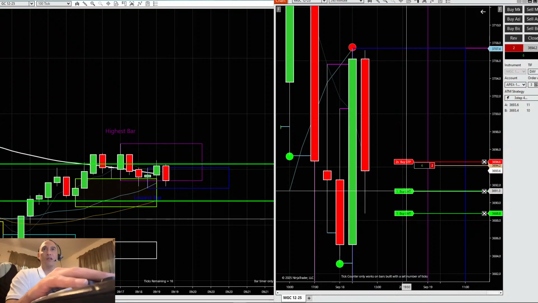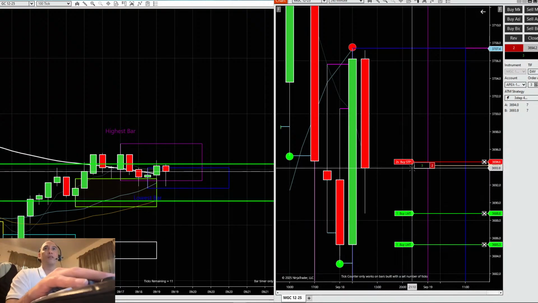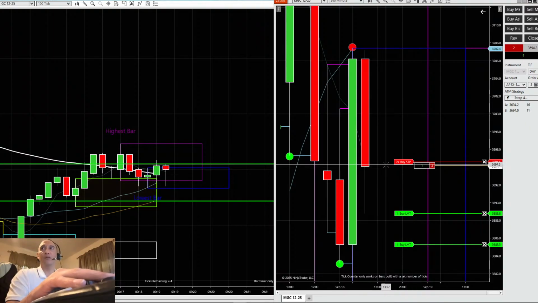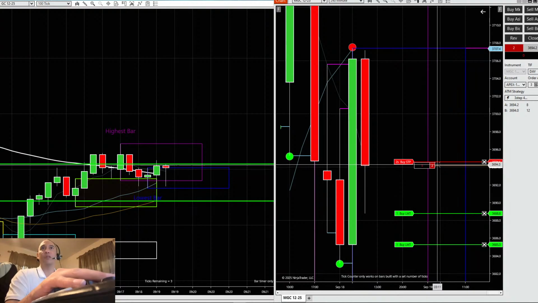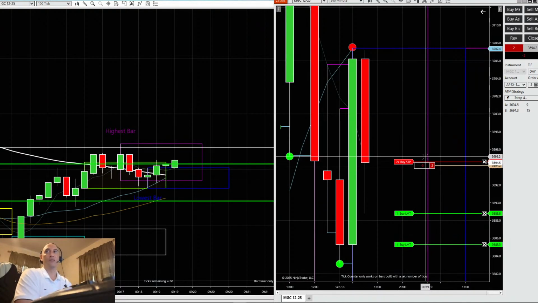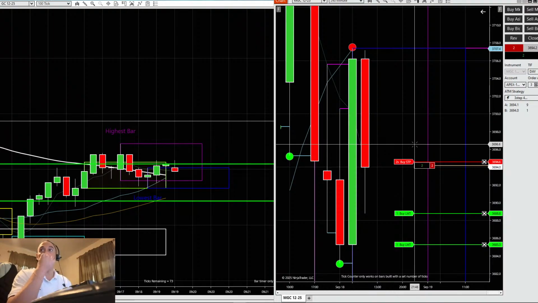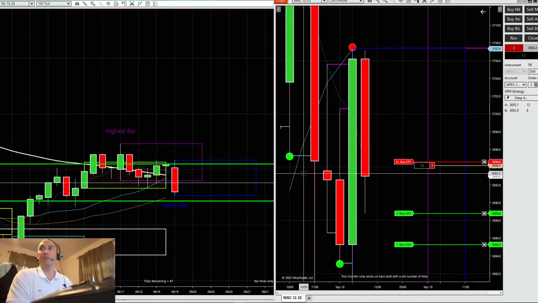Actually, let's carry this one down to here. That's probably gonna get me, because it's not done yet probably. But I just made 10 ticks on that one, so we'll lose 2 here. Or it can continue to go down, whatever.